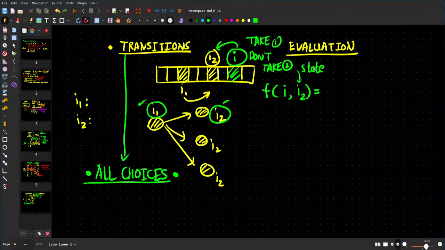Now if it is used, then that means this I2 will have been in this transition, and the number of ways to do this would be the number of ways to go from I2 to I. I mean, no, it should not be I2.